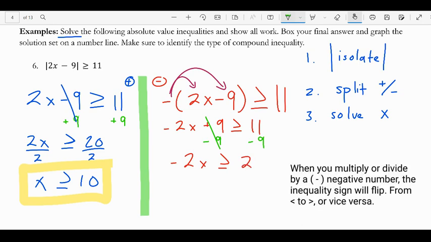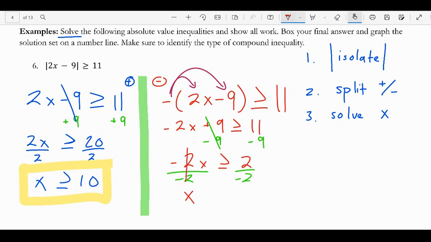Now here, when you divide by negative 2, anytime that you divide or multiply by a negative number, you have to flip the sign. So 2 divided by negative 2 is going to be negative 1. So instead of being greater than or equal to, it's now going to be less than or equal to.